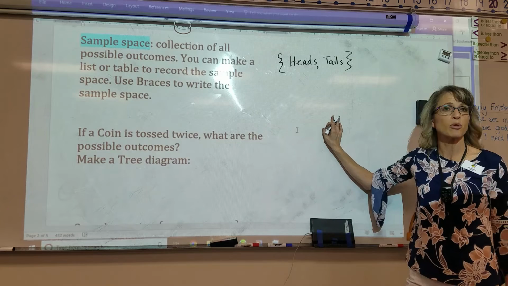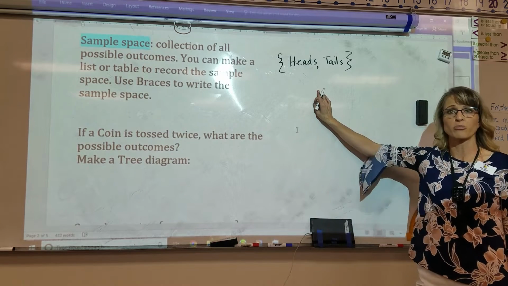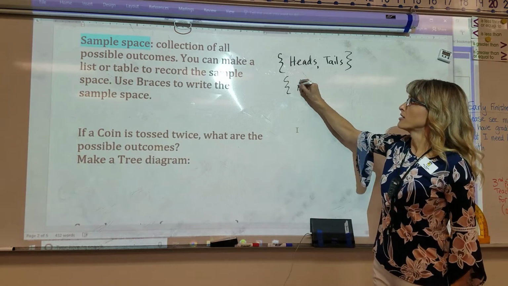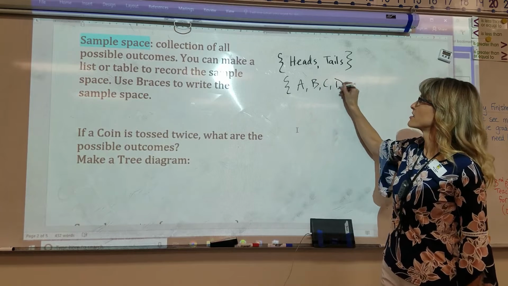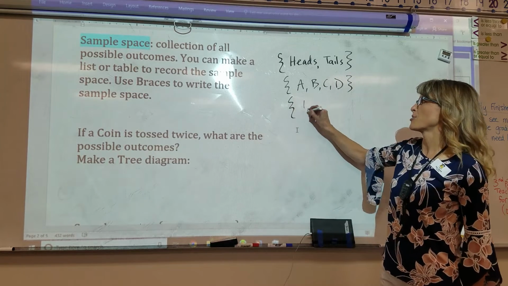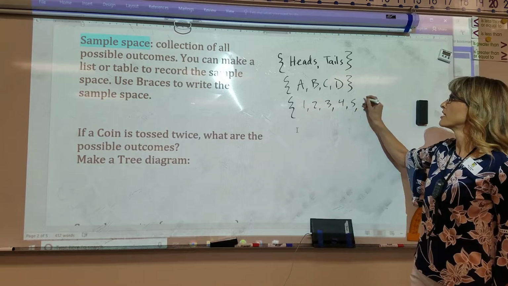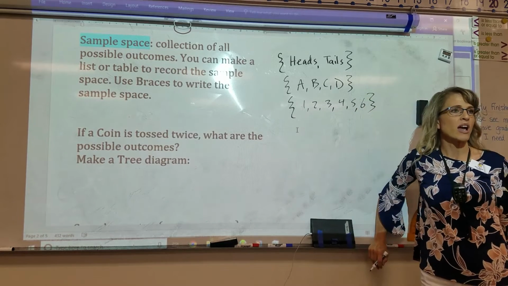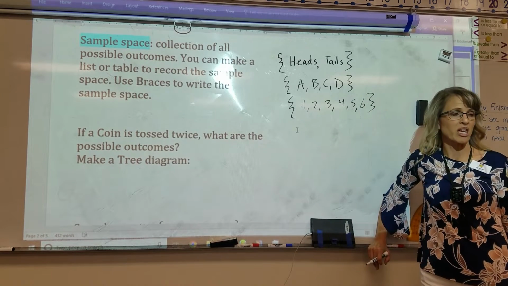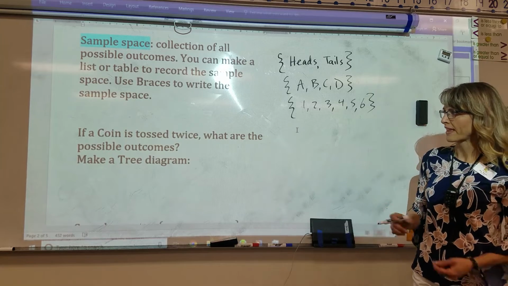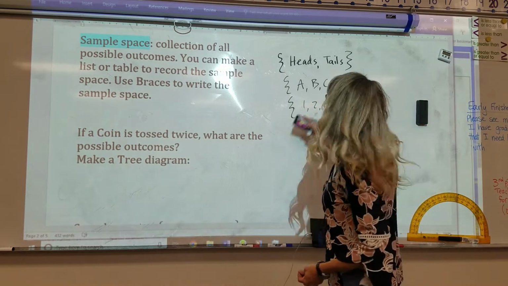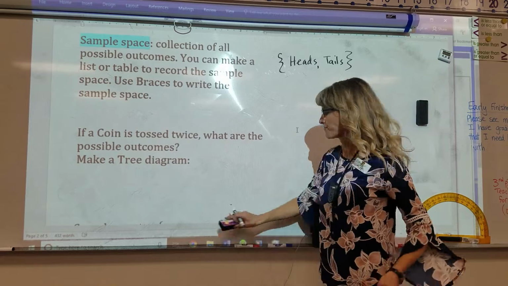So it's just a list, but we put it in set notation. We put it in braces. My spinner sample space looks like this. Rolling a dice sample space looks like this. Those are all of the possible outcomes, so we call it a sample space. What is it called? Sample space.